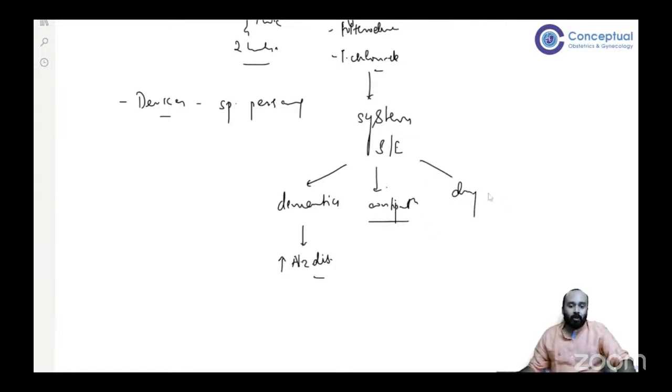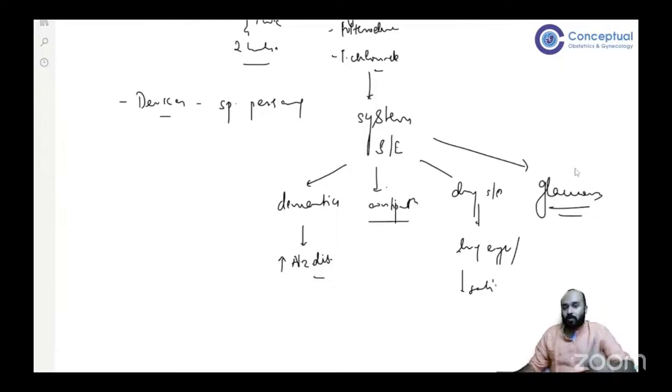There are going to be dry side effects. What are dry side effects? There are going to be dry eyes, reduced salivation, dry nose, all these things. Apart from that, it can also lead to closed angle glaucoma, as you have read, which is going to result in blurring of vision and even pain.